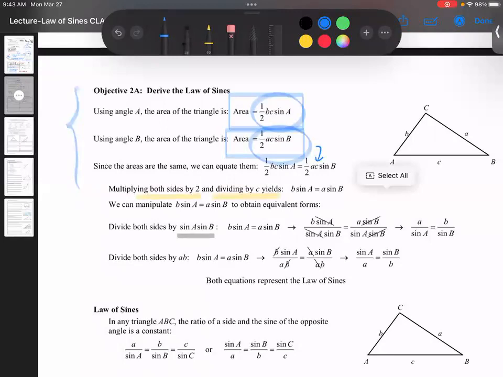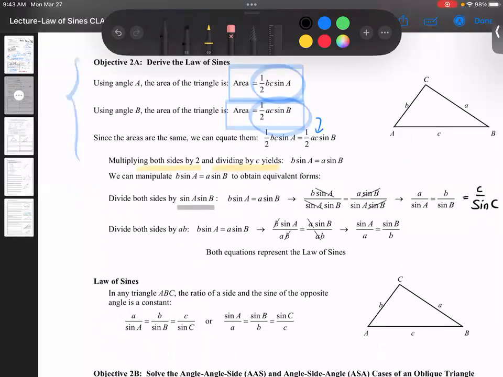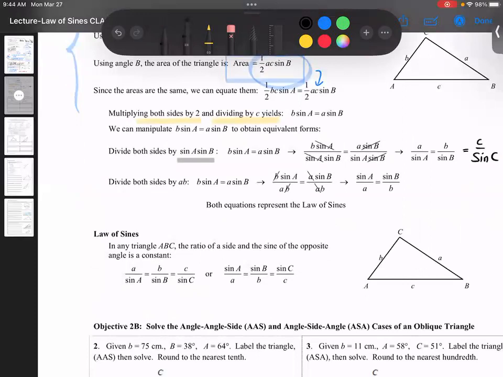Well, there's one more. If little a over sine big A equals little b over sine big B, then you can guess the last one would be what? If the triangle has 3 angles and 3 lengths, it should be little c over sine big C. The law of sines.